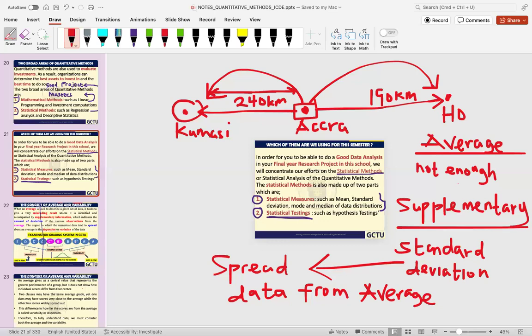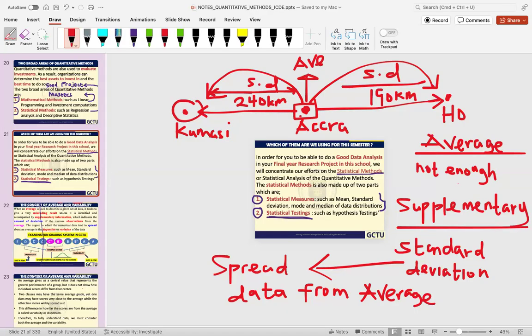Like what I've done here. So in other words, this point in Accra is representing the average. The distance to my right, 190 kilometers. The distance to my left, 240 kilometers, is showing me the standard deviation.